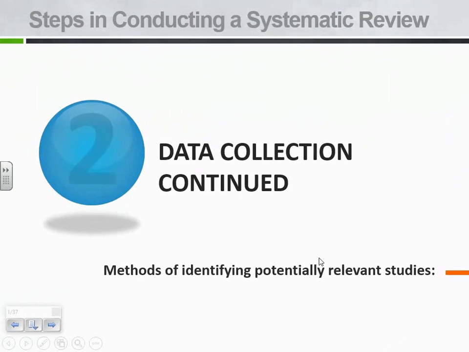Okay, we carry on with the data collection step. And I'm talking now about some methods of identifying potentially relevant studies. You're going to extend your search to include multiple bibliographical databases. And please remember, when you come across studies that are of specific interest to your research question, to actually go through these citations and do a forward citation search and see if you can find more information on that specific topic.